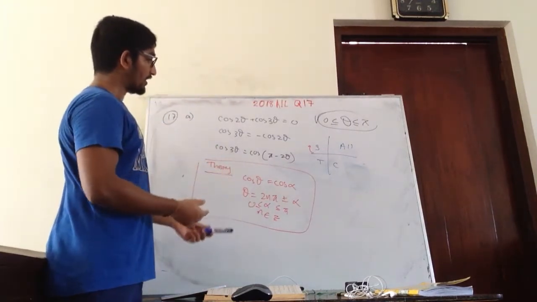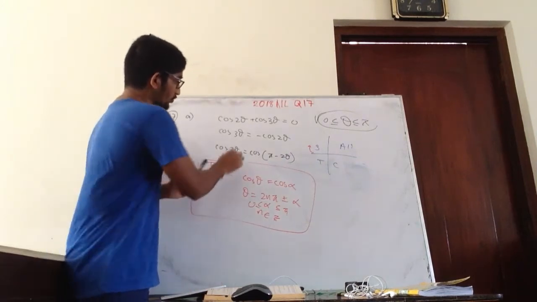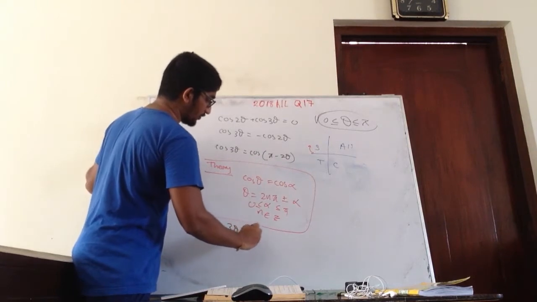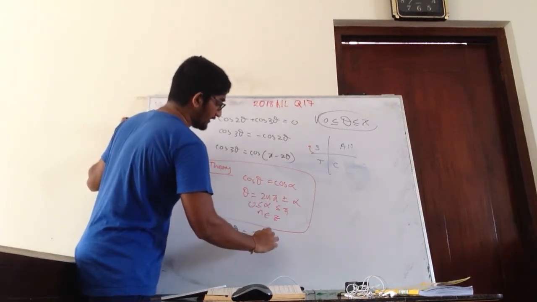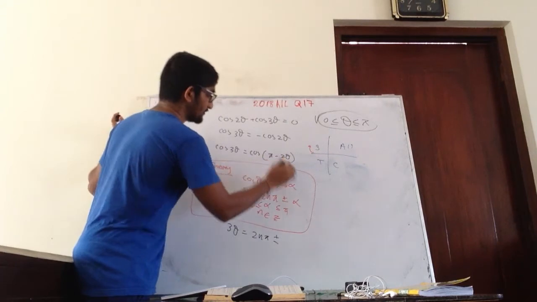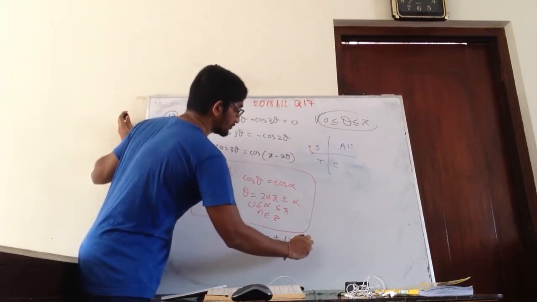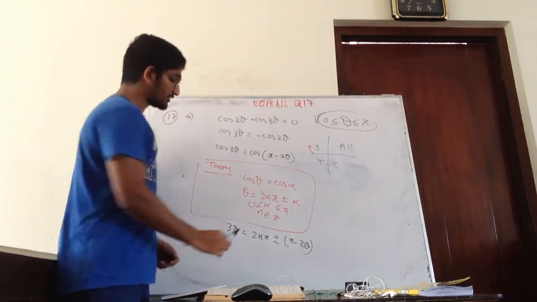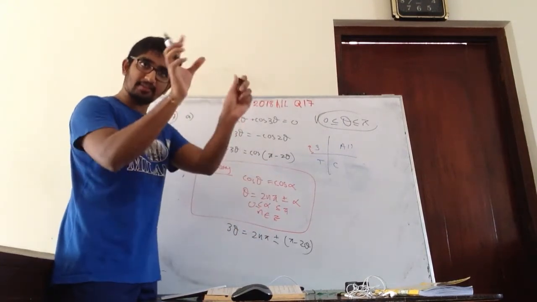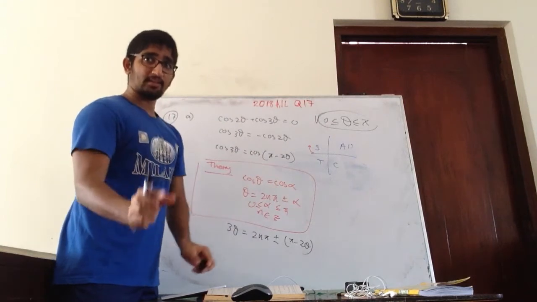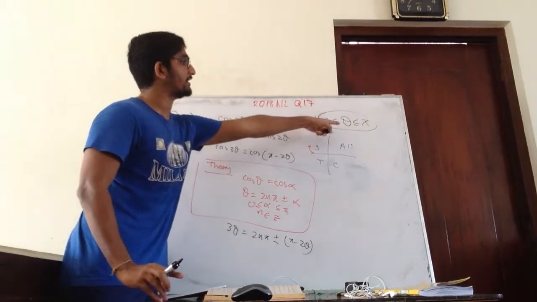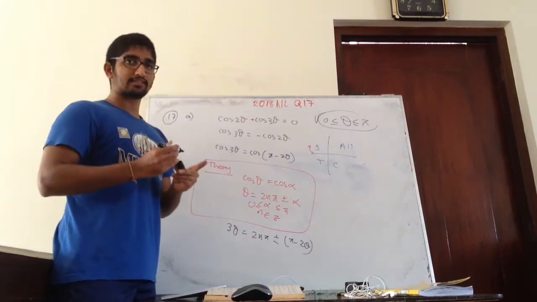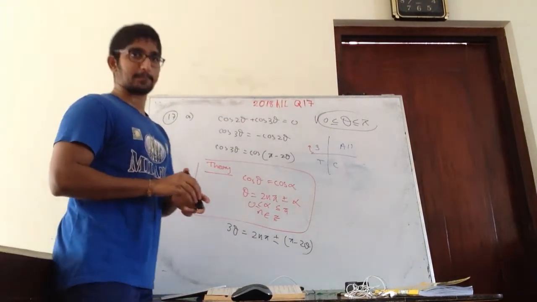So if I compare this with this, so now 3 theta is theta here. That means 3 theta equals 2n phi plus or minus 5 minus 2. Right? So now we can take this into two parts and then solve it. But then what's important is that we need to consider only the theta values in this range. So that's the basic idea of this sum.